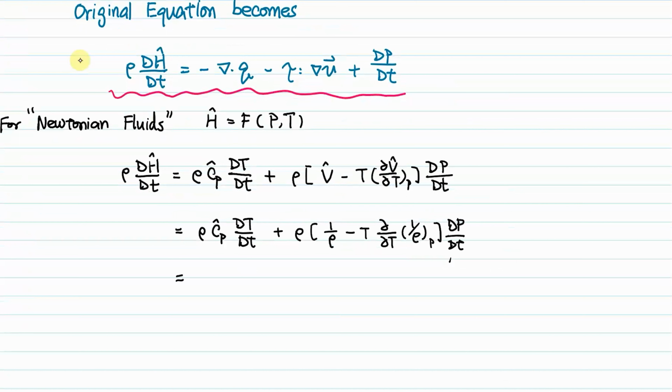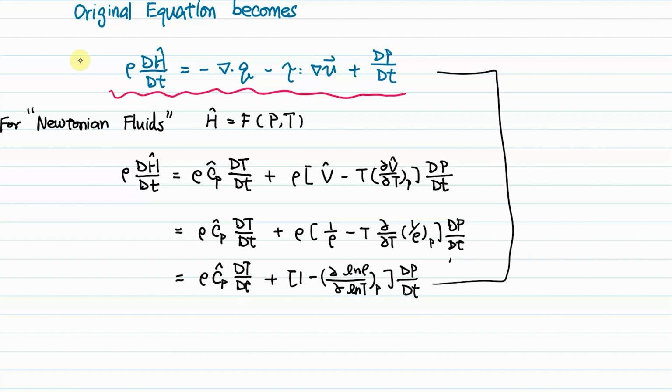And that equals rho Cp DT/Dt plus (1 minus partial natural log rho over partial natural log T at constant pressure) times DP/Dt. Okay, so if you substitute this back into our equation, you can see that the DP/Dt terms drop out.